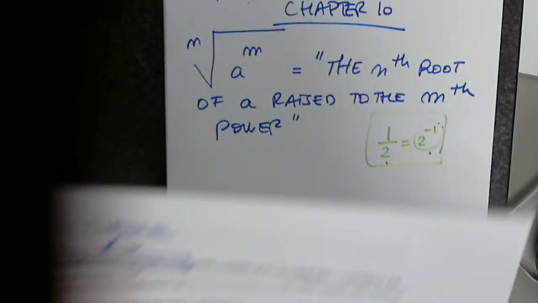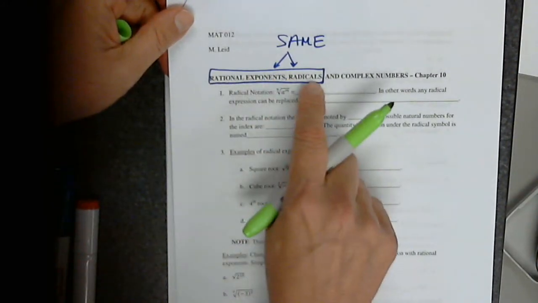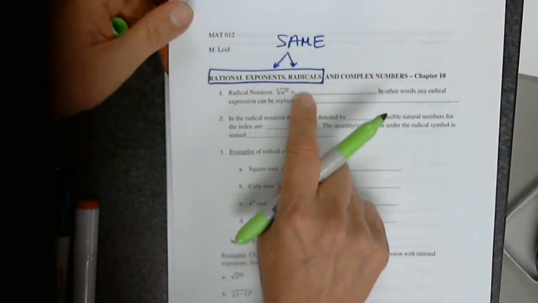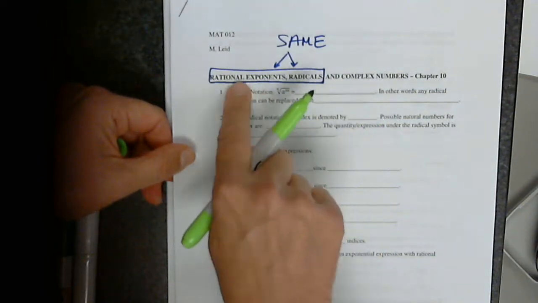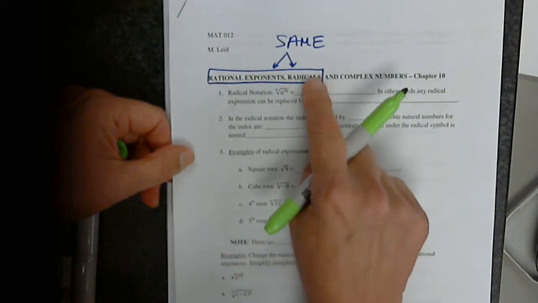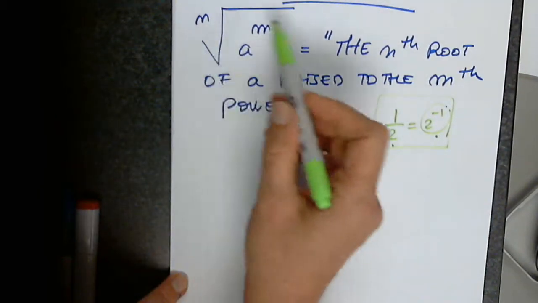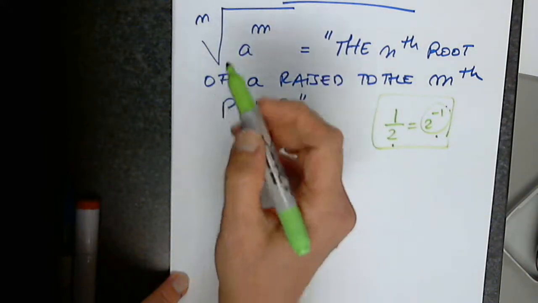The radical may be more convenient sometimes, and this may be more convenient than the radical sometimes, depending on what I'm trying to do. If I simplify, maybe this may be better. If I solve a radical equation, this may be better. So it depends.